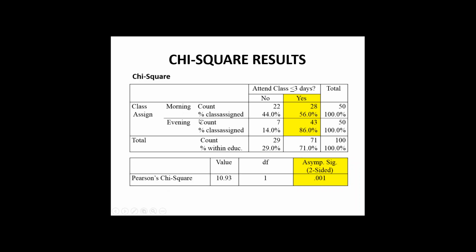Then we see the percentage for morning and evening class assignment. In the morning, under yes, 56% assigned class in the morning attended class 3 days or more. But if we look below in the evening, 86% of residents assigned class in the evening attended 3 or more classes. So that's why it's statistically significant. There's a big difference in those proportions.